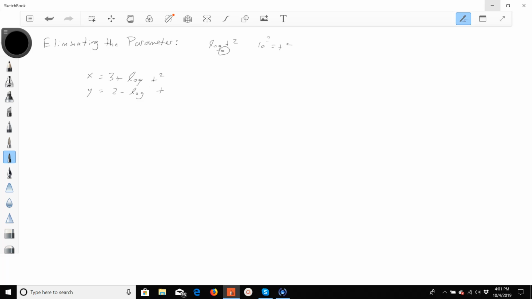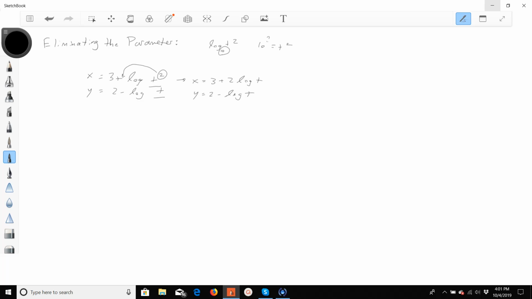So see, here I have a log of t, here I have a log of t squared. If you remember from your log properties, I can take this exponent here and put it out front as a coefficient. So I'm going to get x is equal to 3 plus 2 log t. And again, y is equal to 2 minus log t.